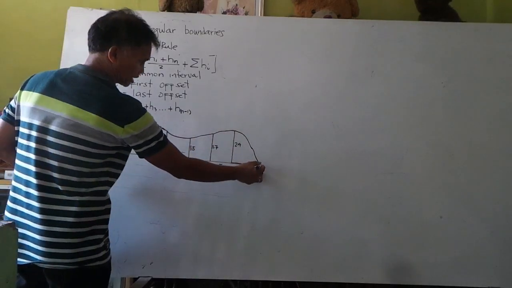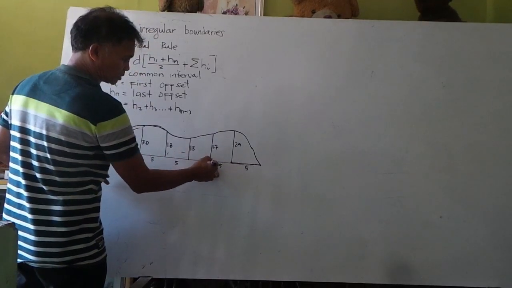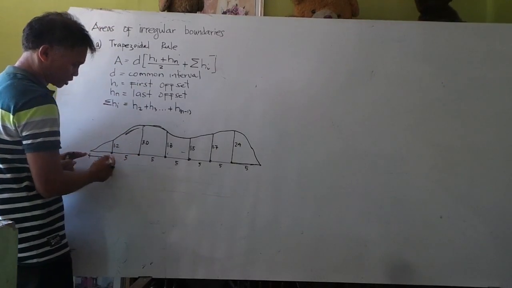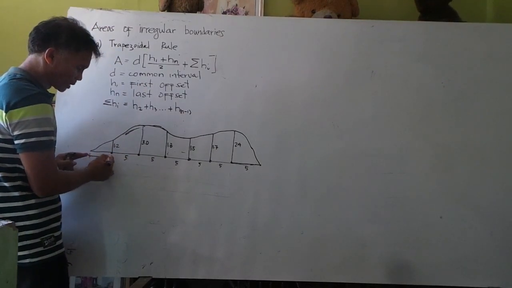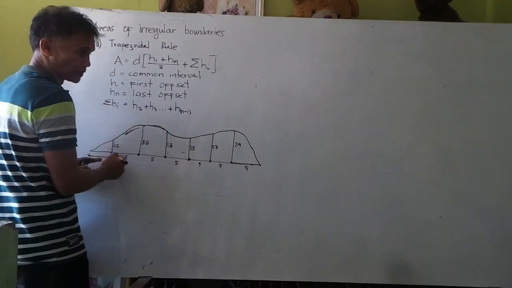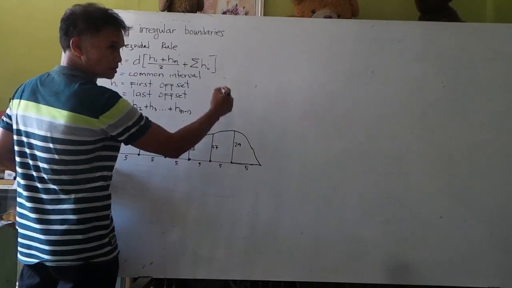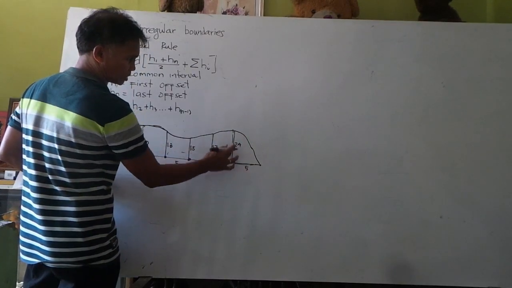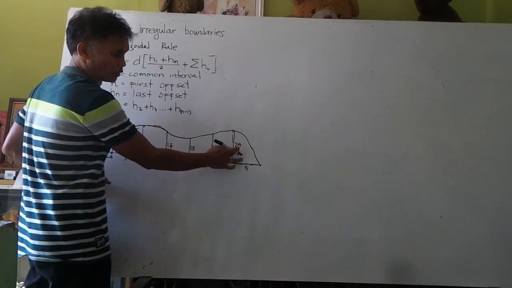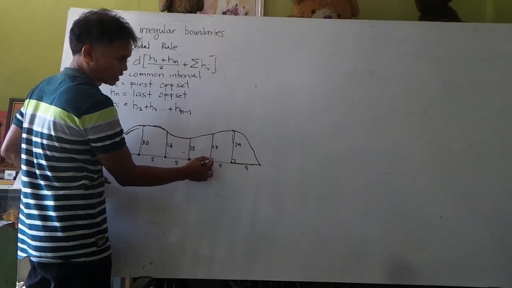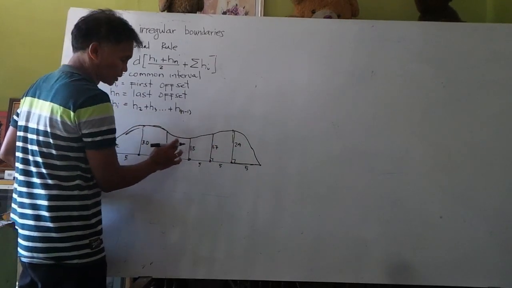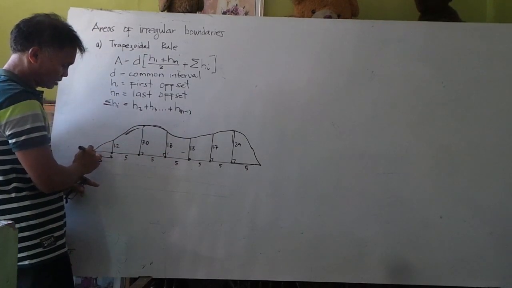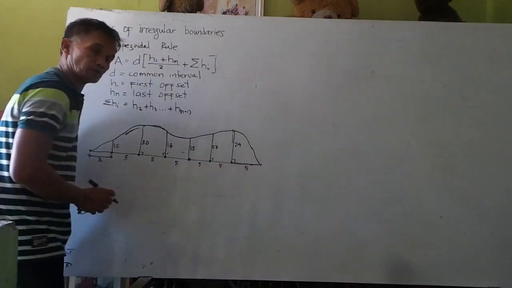The intervals are 5, 5, 5, another 5, and then 3. Then you take the offsets, each at 90 degrees: 2.4, 1.7, 1.5, 1.8, 3, 1.2, and 0.